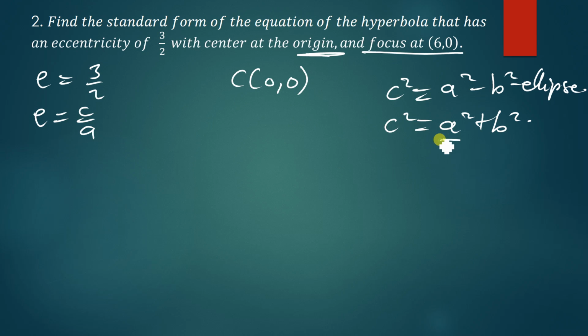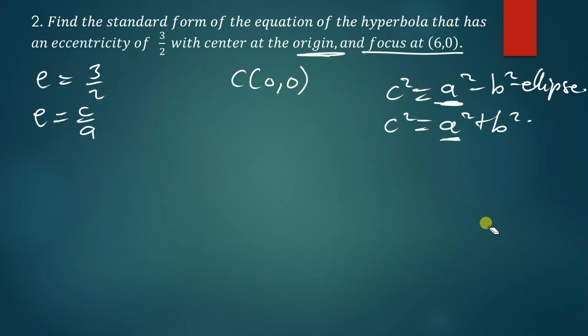So this value of a is the distance from, for the ellipse the value of a was the distance from the center to the vertex there.